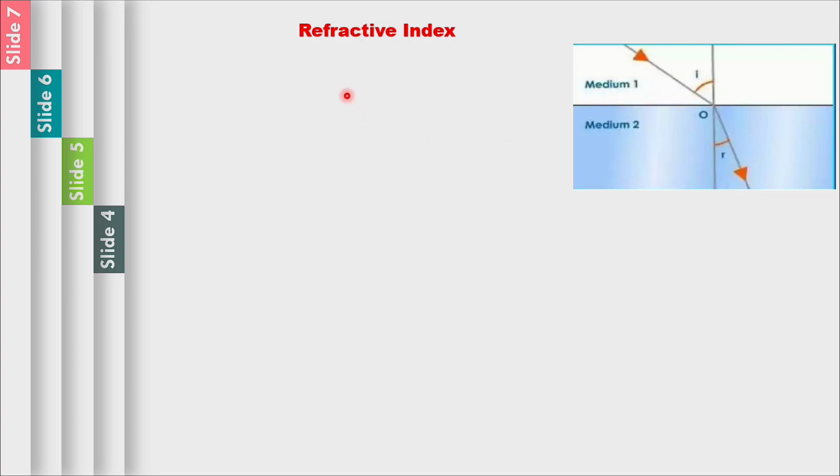So what is the refractive index? As I said already, here you have to consider the speed of light. The ratio between the speed of light in a vacuum to the speed in the medium is the refractive index. Here, the speed of light in air or vacuum is always higher than the speed of light in other media.